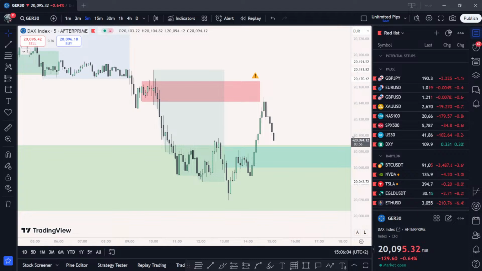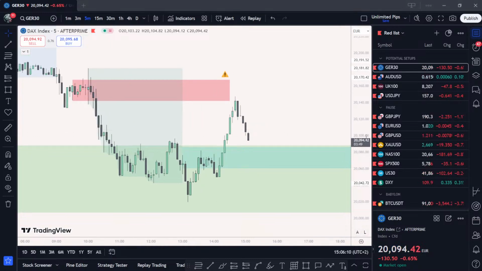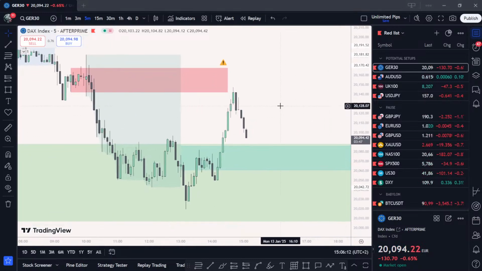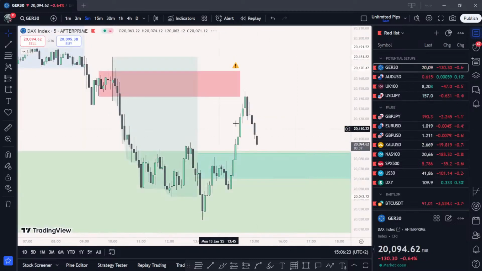Let's see if DAX wants to give us something. It kind of looks bearish for now, but we have to see. It's just being cautious. See how fast I learn from my mistake, bro.